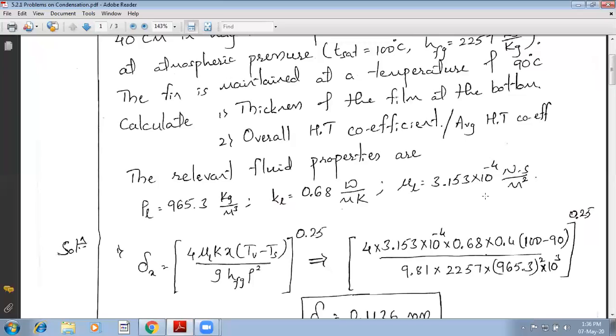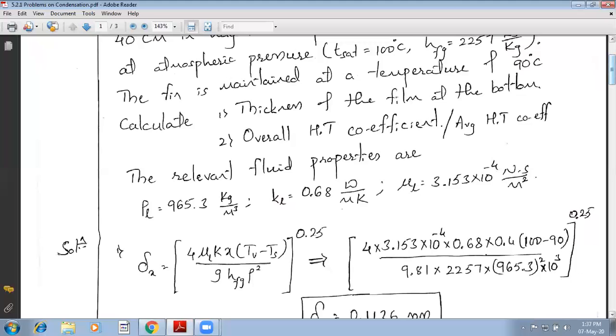Now these units should be the same. If they have been given in some other form, we should convert them into the main units.